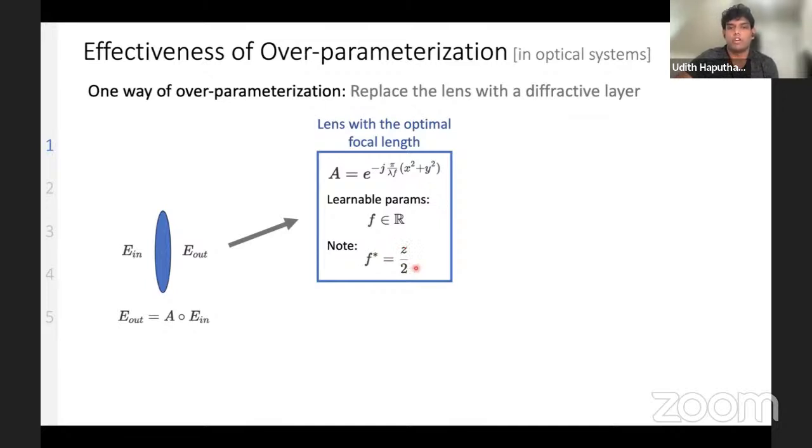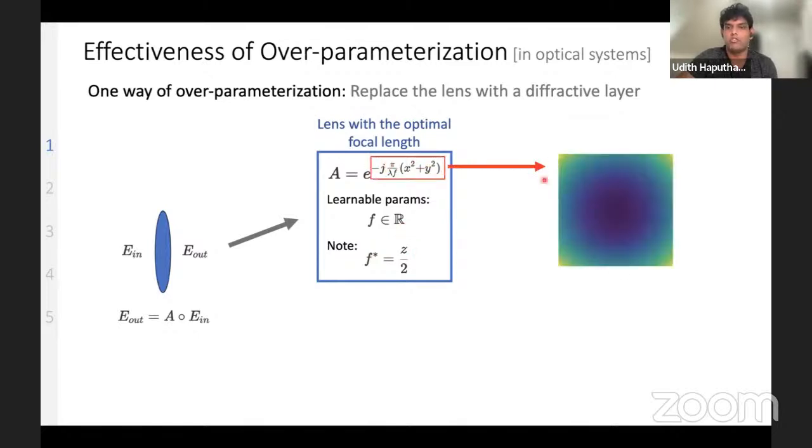So our goal is to optimize this, and it should ideally give this F star. If I visualize the phase part of the transformation, we get something like this. This image is without the j part. This is without any parameterization, and we have to learn the F inside here.